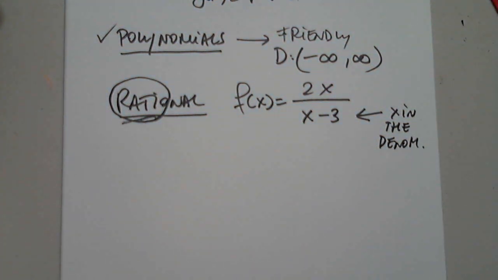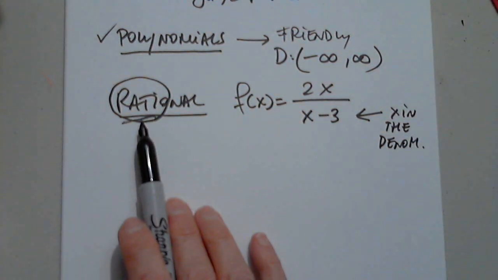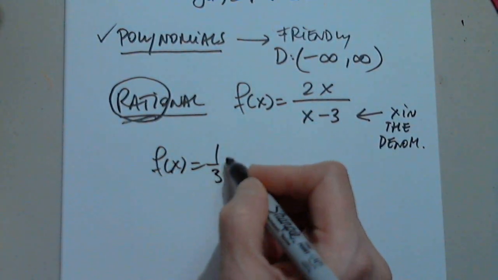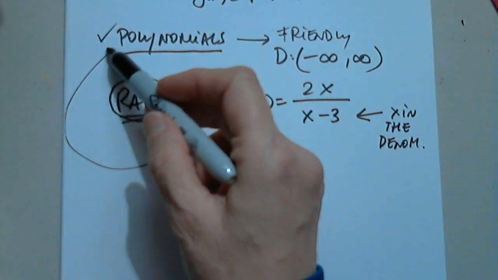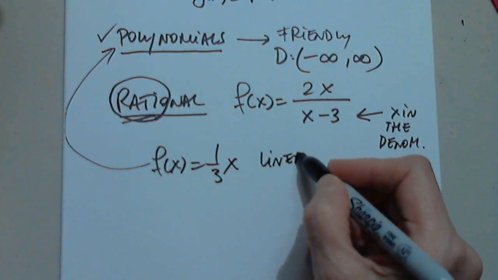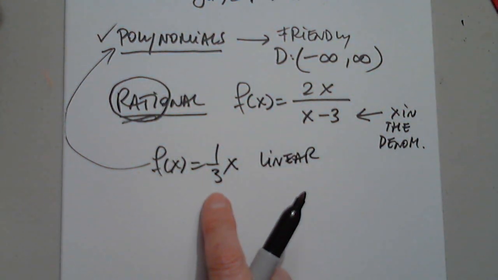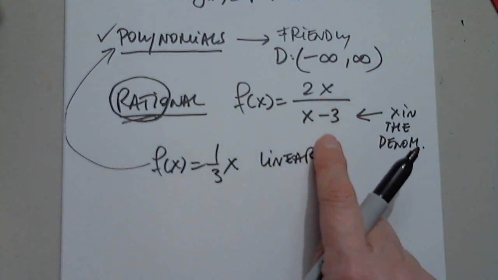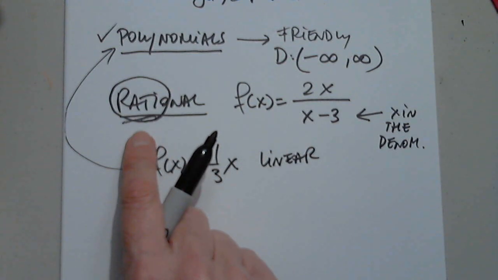If I don't have x in the denominator, then it's not a rational function. So f of x equals 1/3 x is a polynomial function, linear. It does not have x in the denominator. It may or may not have x in the numerator, but if it doesn't have x in the denominator, it's not considered a rational function.